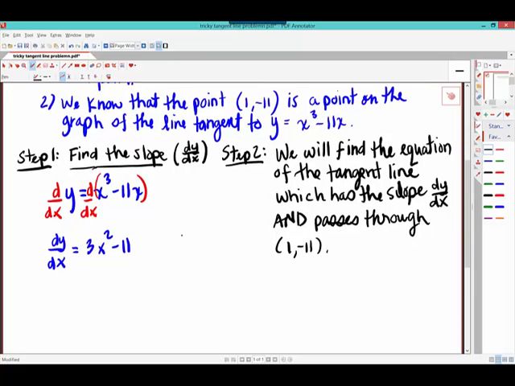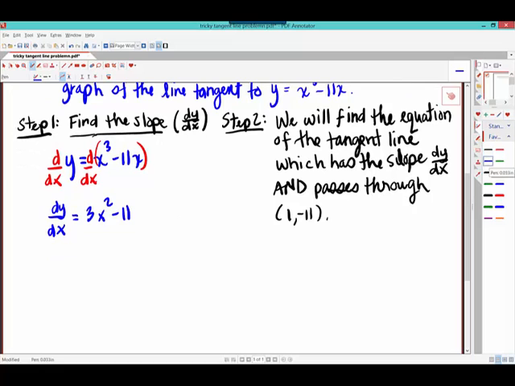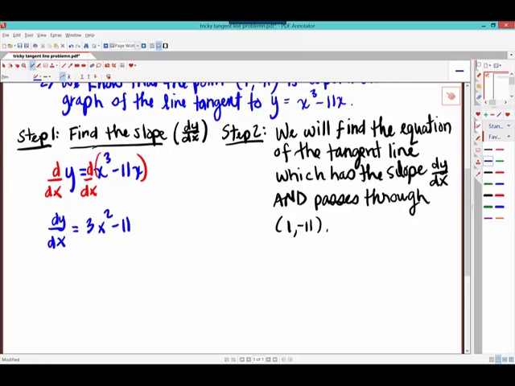Okay, so let's do it. y minus negative 11, that's my y1, is equal to my slope, 3x squared minus 11, times x minus 1.